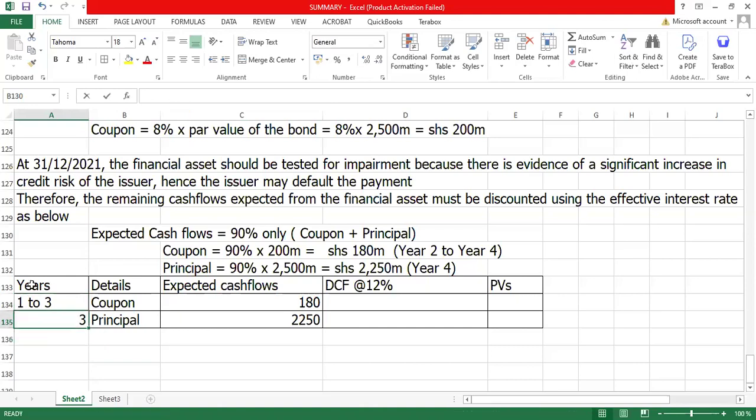So basing on the remaining period, the last period is 3. So, tell me the discount amounts.